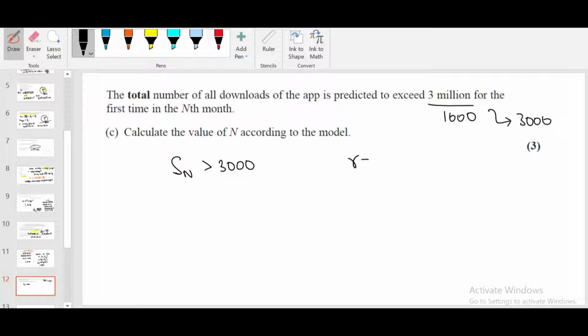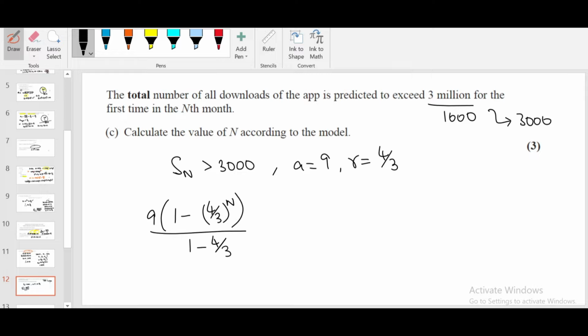We know the common ratio is 4 over 3 and the first term was 9. Substitute into the formula: 9 times (1 minus (4/3) to the power n) divided by (1 minus 4/3) is greater than 3000. 1 minus 4 over 3 is minus 1 over 3.